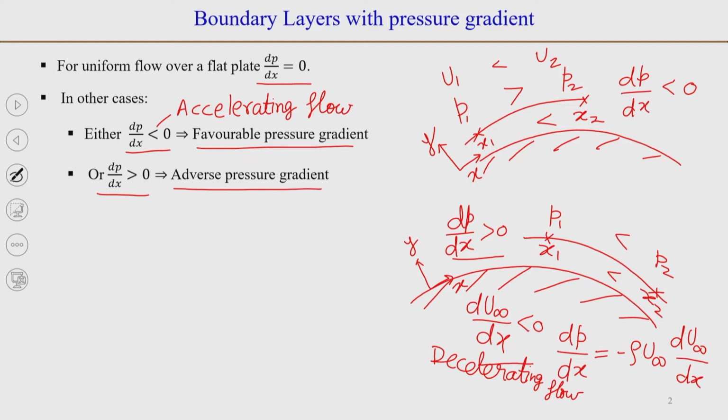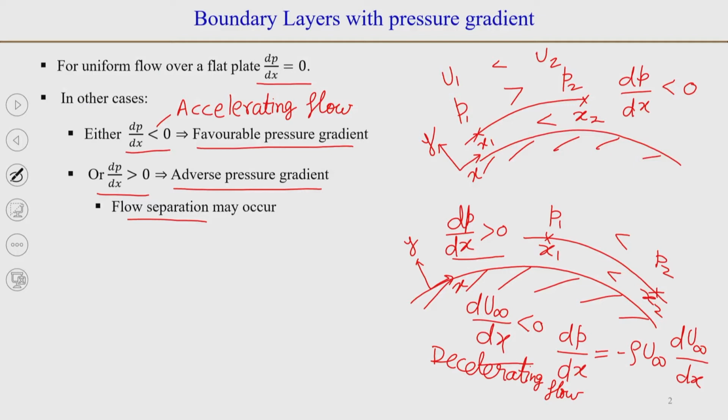Now, when we have favorable pressure gradients, our boundary layers are thin and hug the wall, whereas in the case of adverse pressure gradient, if the adverse pressure gradient is higher, then the flow may separate from the wall. So, that is when flow separation can occur.